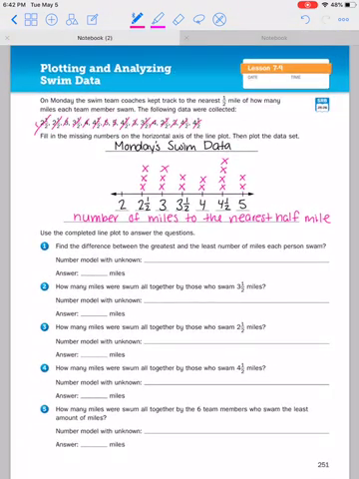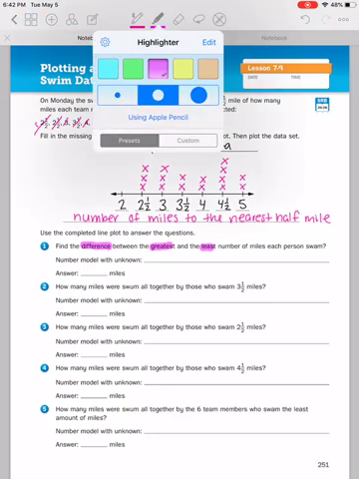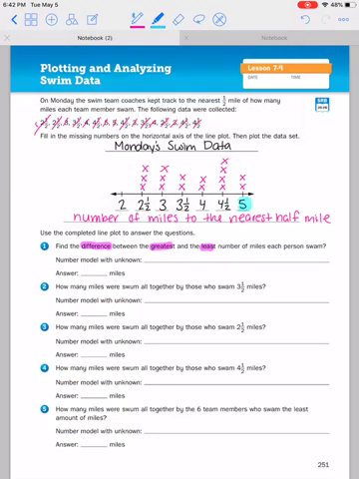So now I have to answer these questions. It says use the completed line plot, which we did, to answer the questions. Find the difference between the greatest and least number of miles each person swam. So I know the greatest number of miles that somebody swam was 5, because 2 people swam 5 miles. And the next smallest number is not 2, it's 2 1/2.